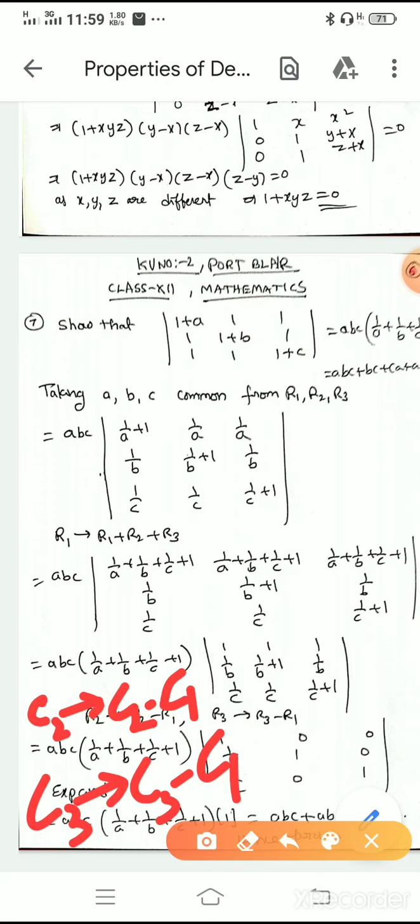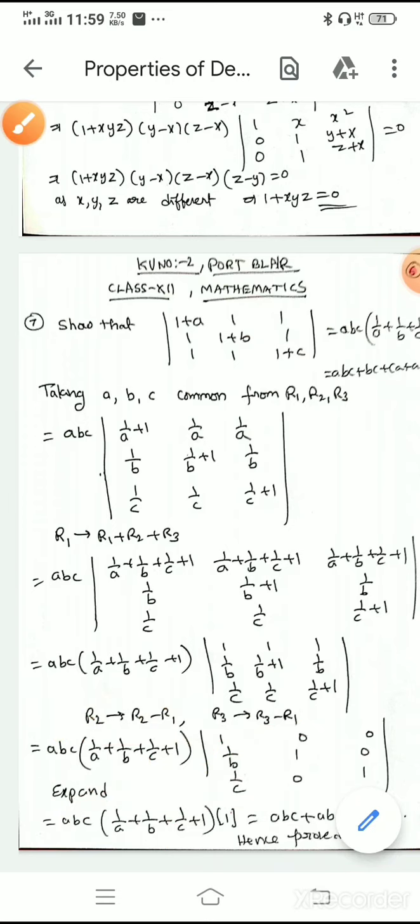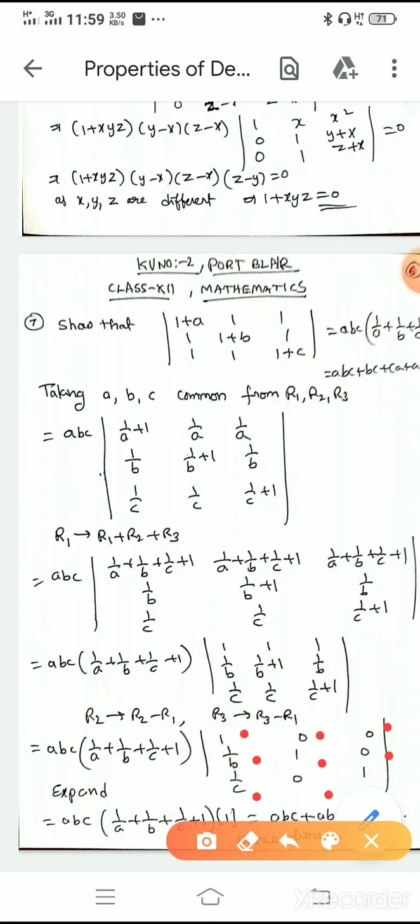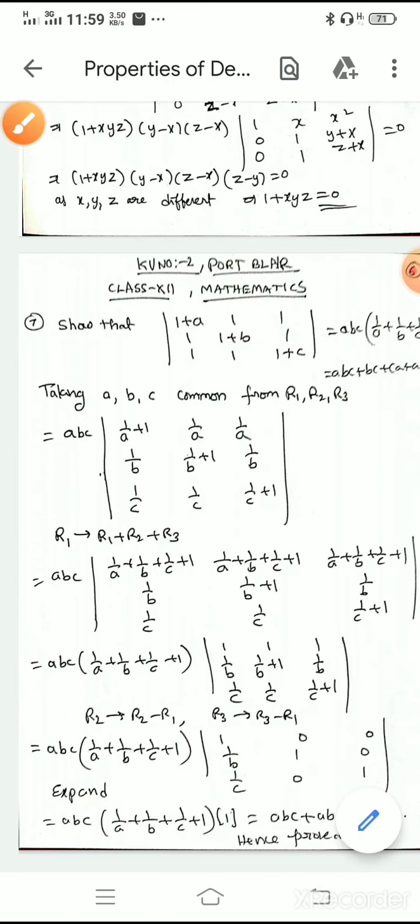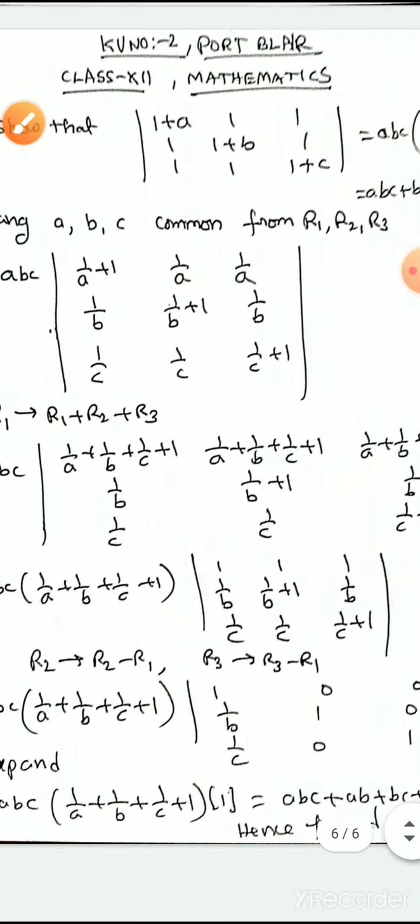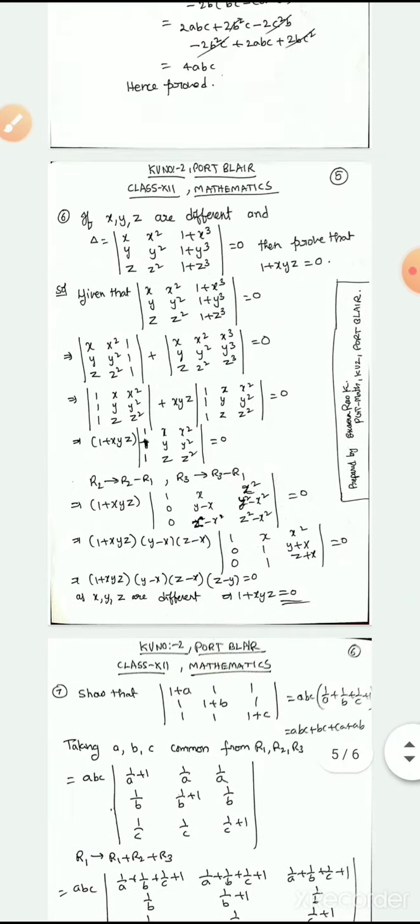Please modify in your notebooks also. C2 is C2 minus C1, C3 is C3 minus C1 instead of the operations which I gave over there. When you apply that you get 1 0 0, 1 by B 1 0, 1 by C 0 1. Then expand it, you will get the required answer.